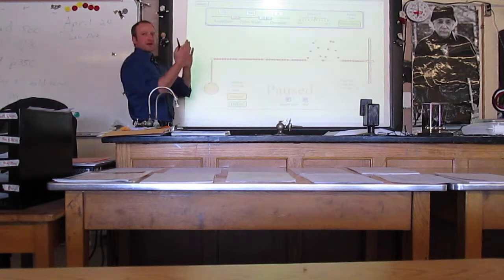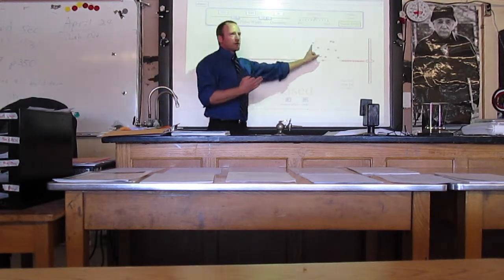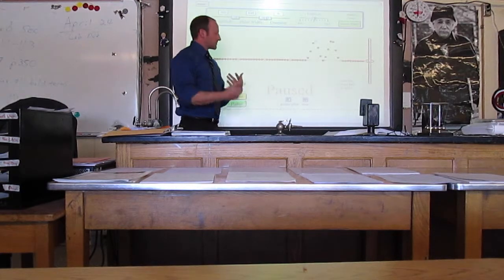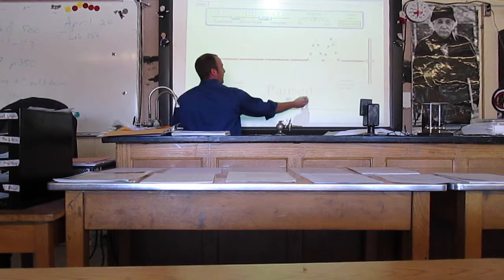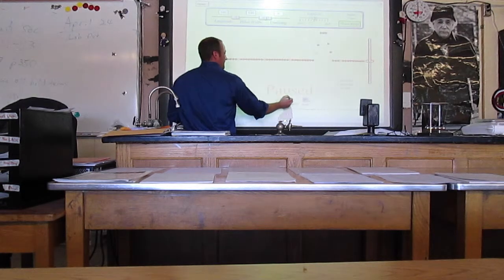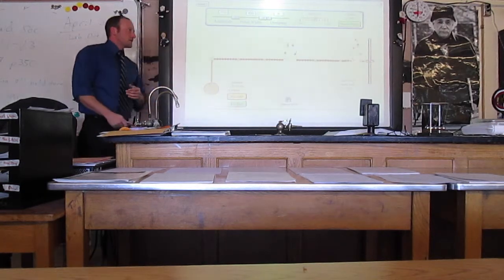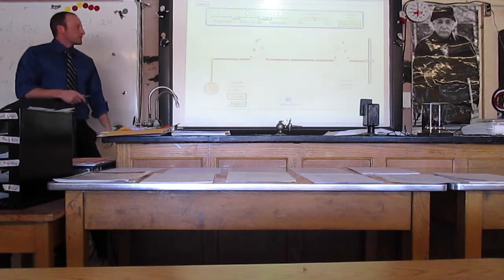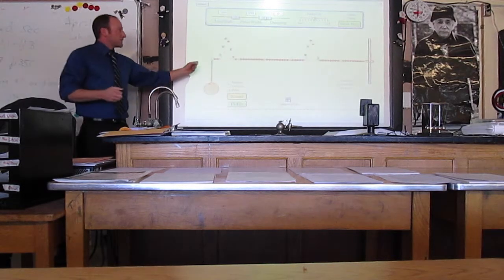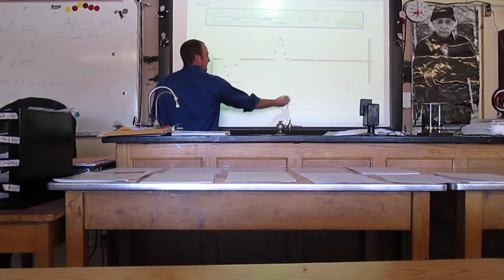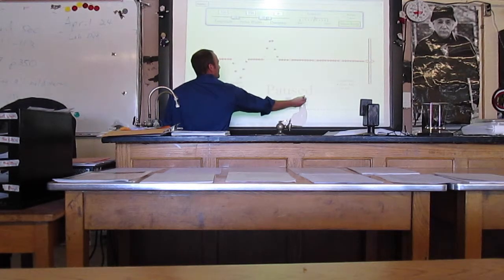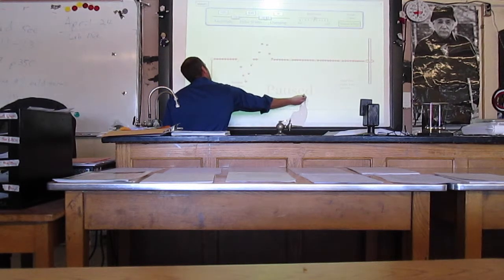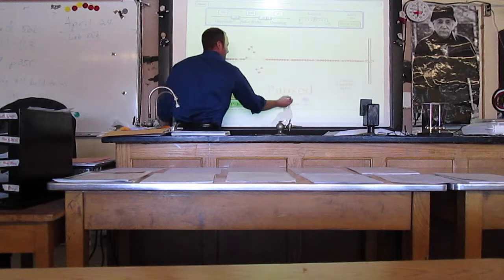Here they both have the same direction of amplitude, so they're going to interact constructively, meaning they're going to add together. When they're moving in opposite directions, they will interact destructively. You see, they cancel each other out.